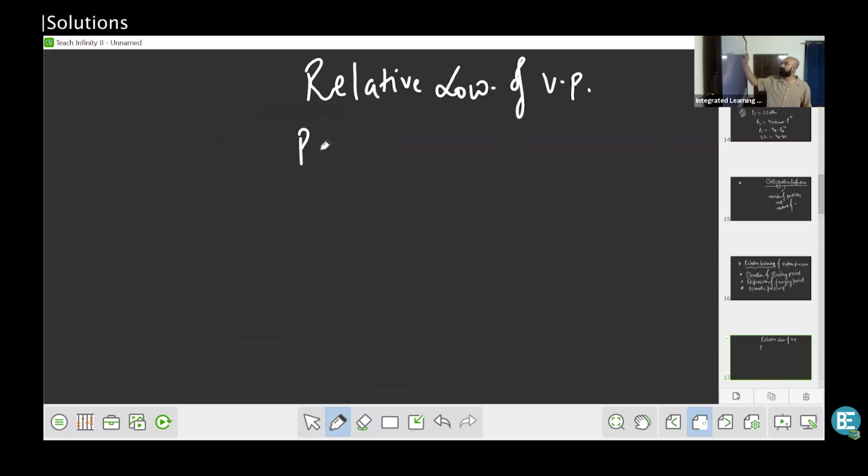Just a while ago we studied the total pressure when we mix a non-volatile solute in a volatile solvent. So Ps was mole fraction of solvent into P naught. Do you remember this one?